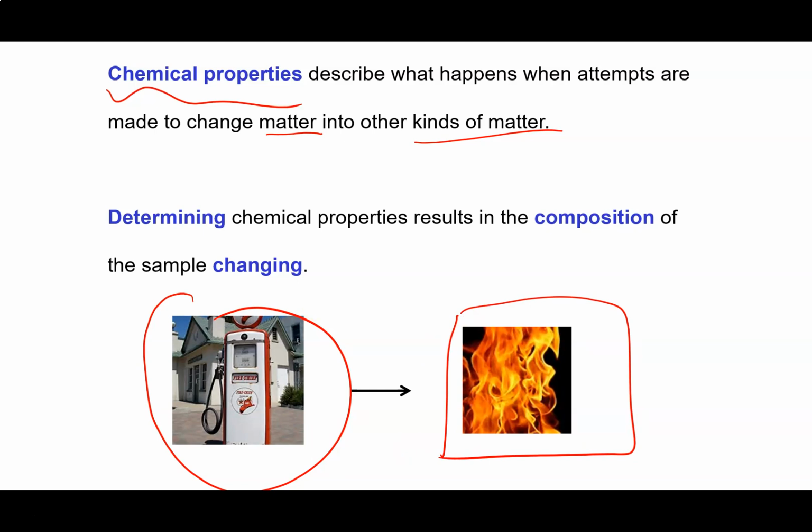If it's water, we know that water doesn't burn particularly well, so we could distinguish water from gasoline on the basis of that chemical property. So when you determine a chemical property, you could have the result of changing the composition of your sample. You could lose your entire sample.